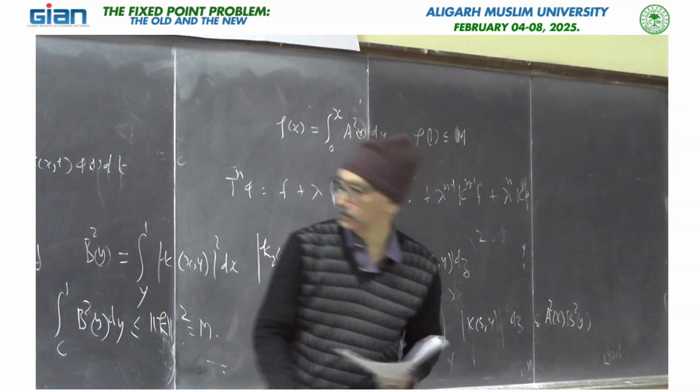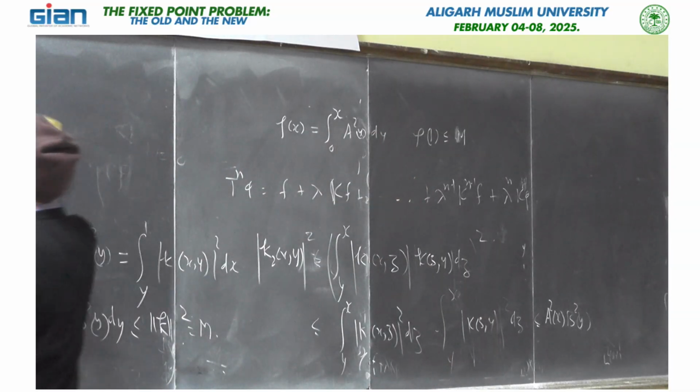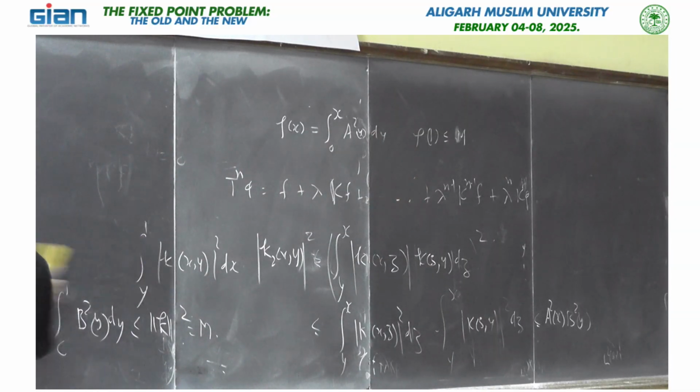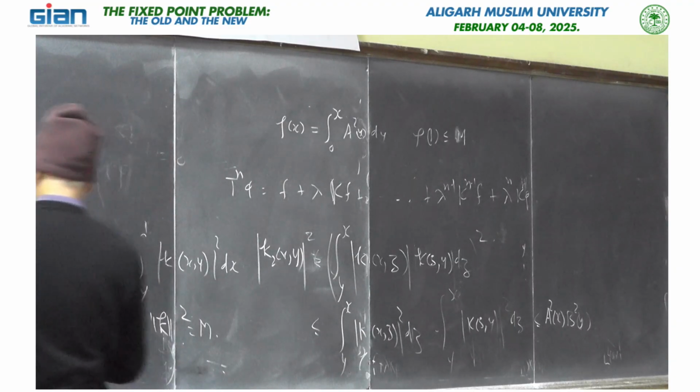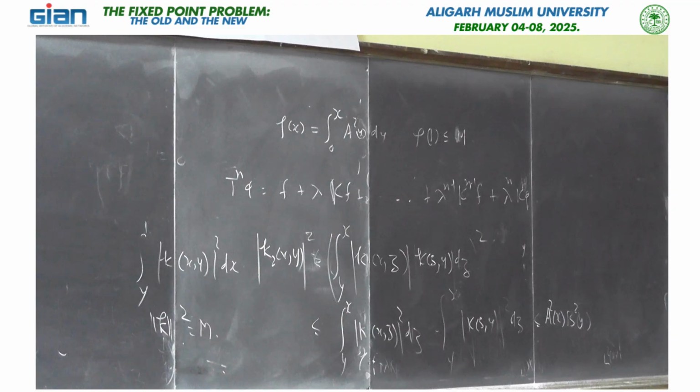Now for general K_n we want to show the following estimate. Let's look at K3 and then go to the general one.